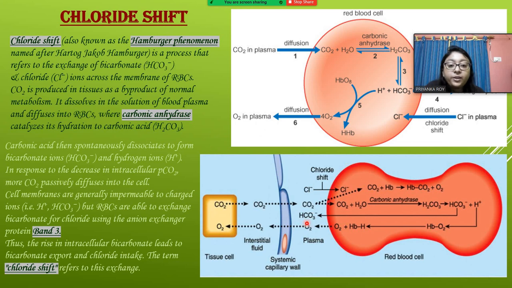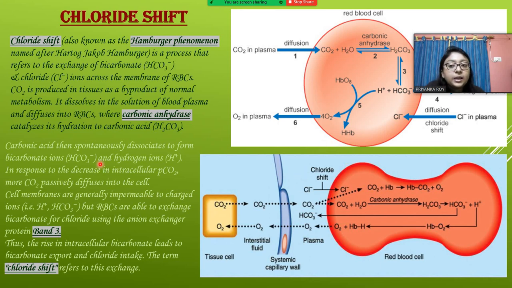This chloride shift phenomenon is also known as the Hamburger phenomenon, and it is the exchange of bicarbonate and chloride ions between the plasma of the blood and the RBCs of the blood. It mainly happens because of the carbonic anhydrase enzyme, which is present in the RBCs.